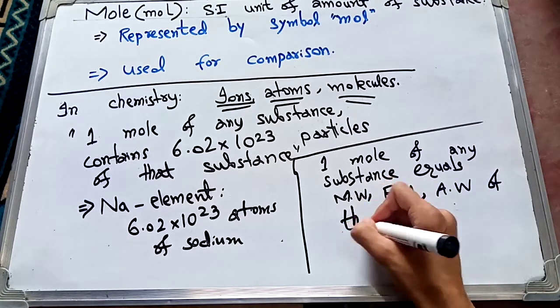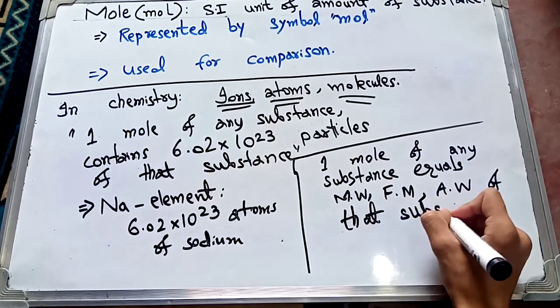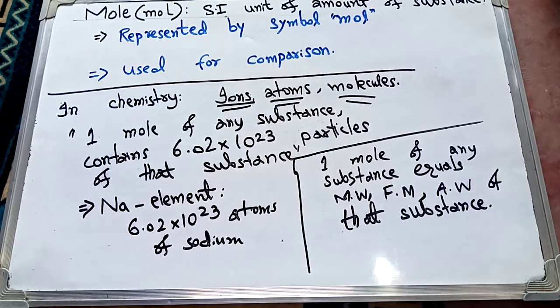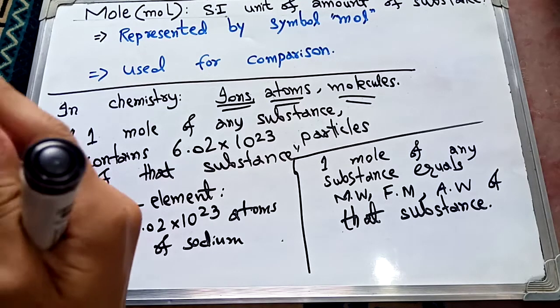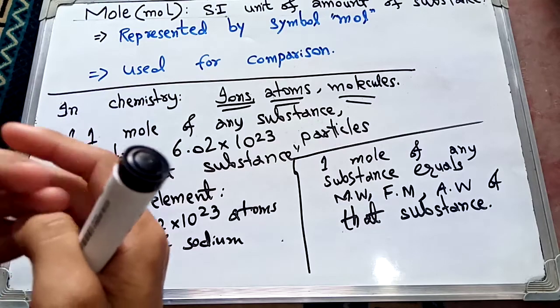Now we have different kinds of substances in chemistry, like we have elements, like we have compounds, and compounds, they may be covalent compounds, ionic compounds, and ionic compounds will have ions. And you know that in case of ions we have formula mass, formula units, formula weight.